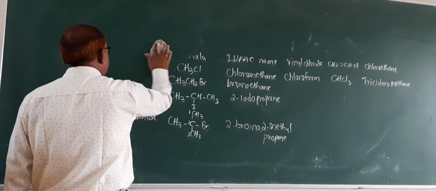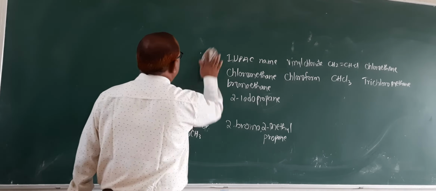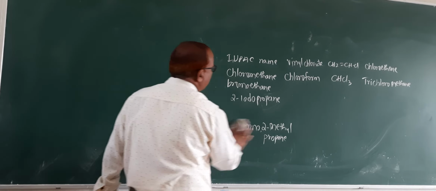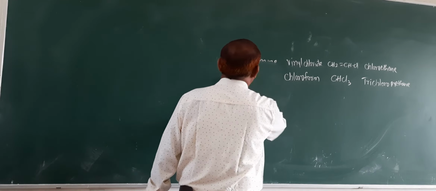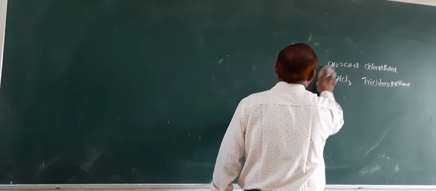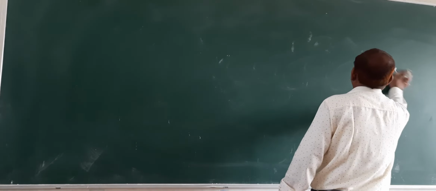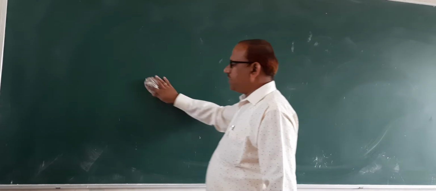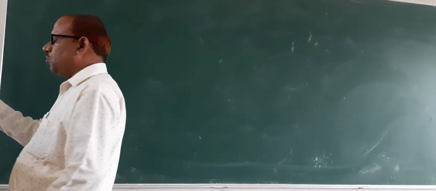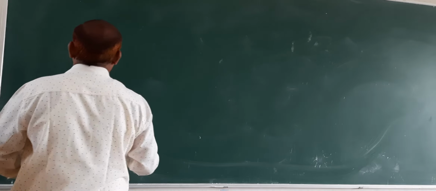Methods of preparation of haloalkanes. Some of the methods I might have taught already, but the heading given was some important named reactions, so some may repeat. But now we are going into details.